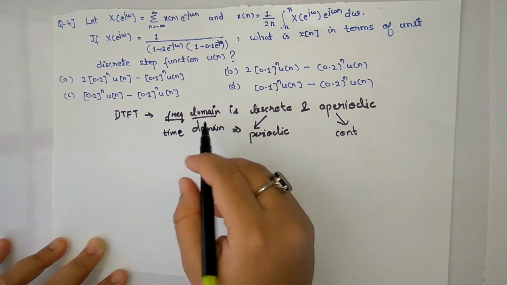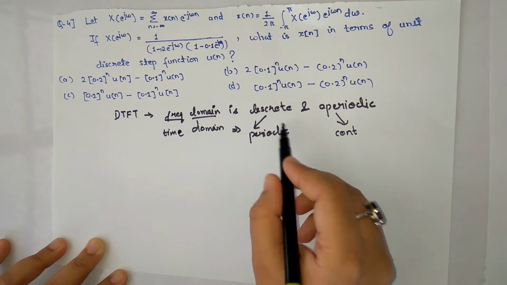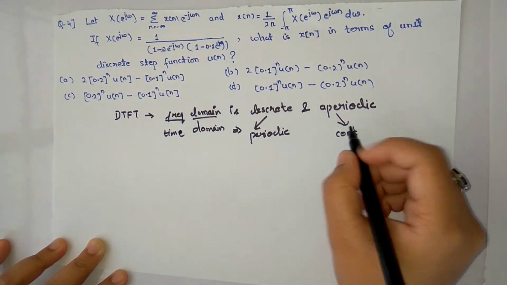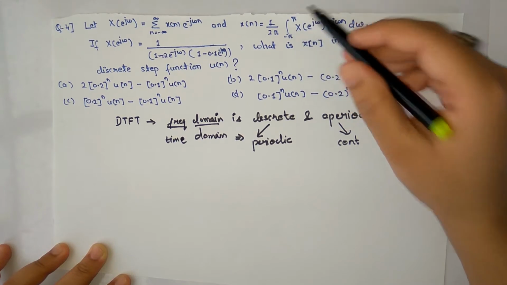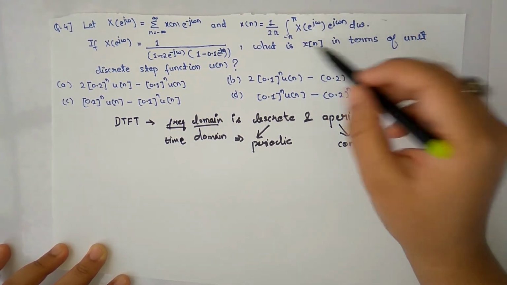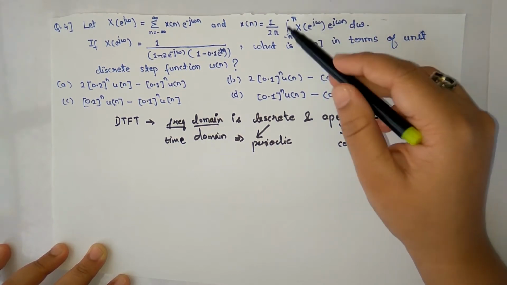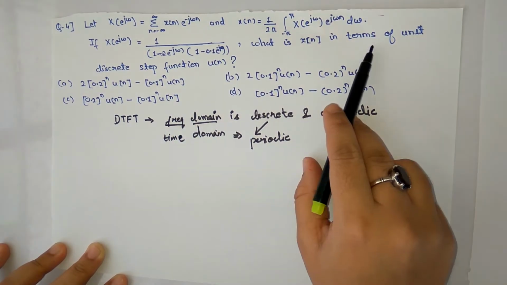So if a signal in frequency domain is discrete and aperiodic, in time domain it has to be periodic and continuous. We can see we are taking the limits from minus π to π, that means we are considering just one period, that means my signal is periodic and it is continuous. That means I'm not taking the summation, I'm taking the integration. So this is discrete time Fourier transform.